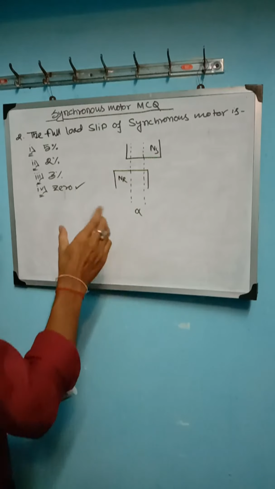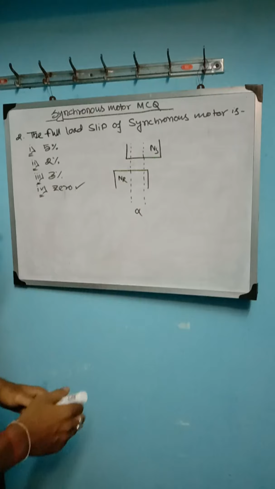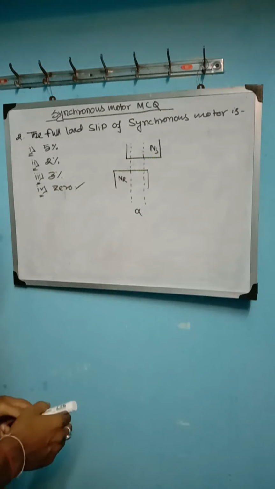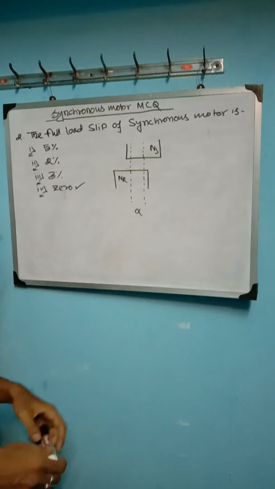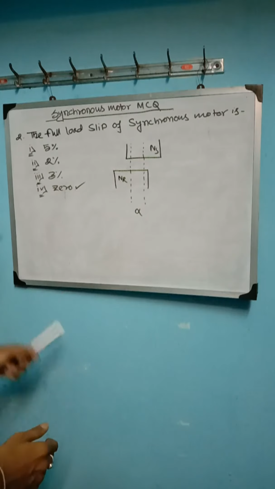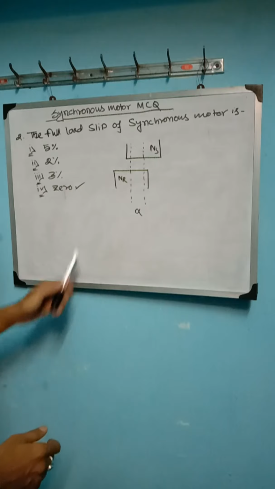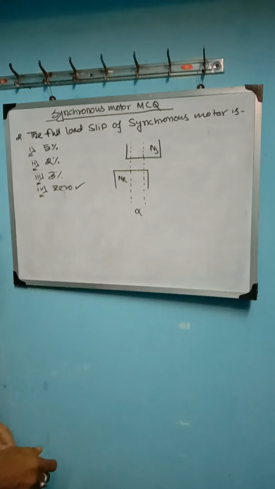So the speed is always constant, that is the synchronous speed. The rotor poles always follow the same speed as the stator poles, that is the synchronous speed. So that is the reason the slip of the synchronous motor is 0.